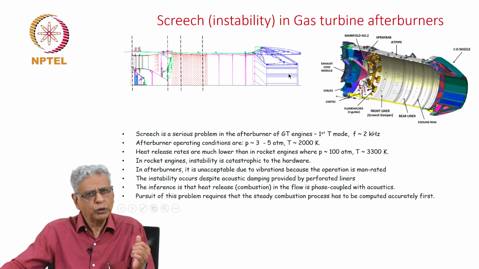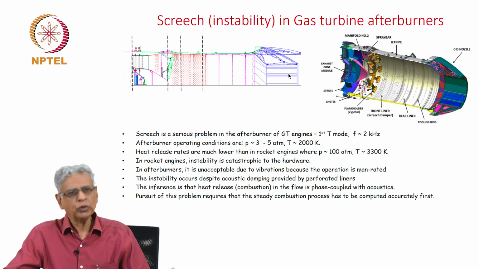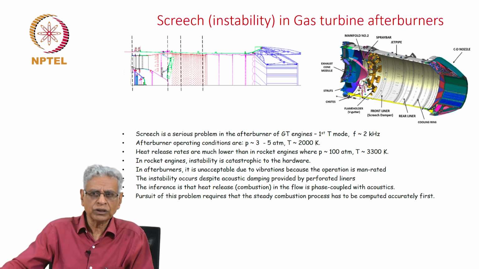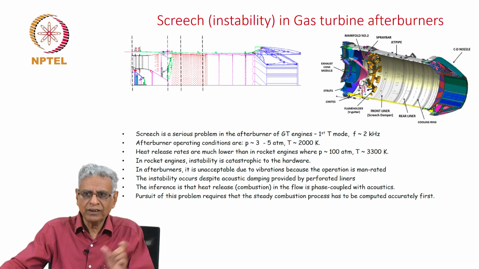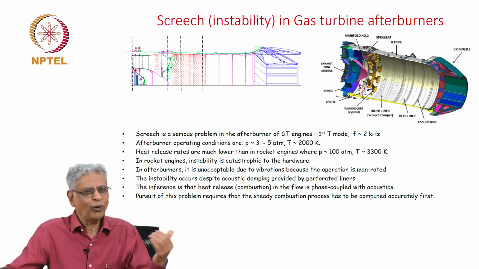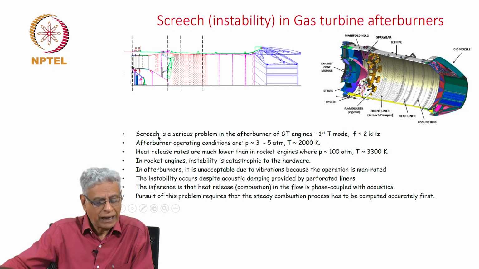This afterburner is used only when you want extra thrust and used obviously only in military engines. The only civil engine which used afterburner was Concorde. Some part of it is always done like that, but you know Concorde is no longer around. Okay, I am summarizing the features here.